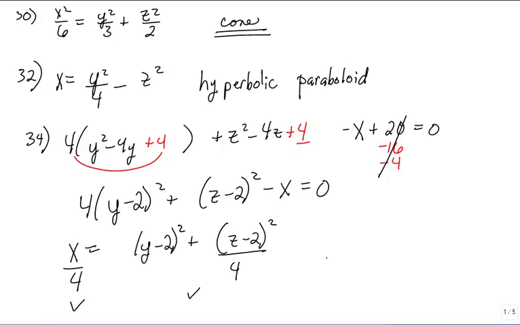So that is an elliptic paraboloid. And the center, notice, is changed. It's going to be 0, 2, 2 is a vertex. Okay, so hopefully this will help you with some of your homework problems.